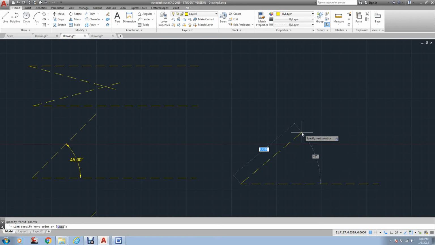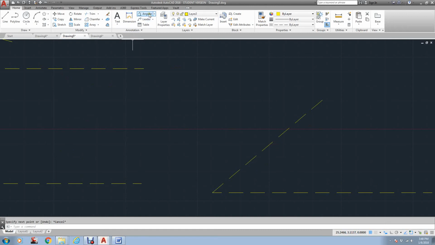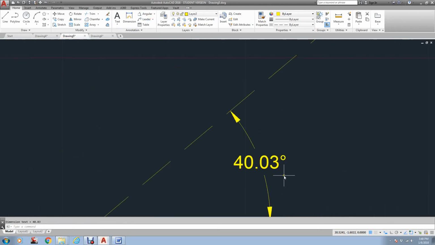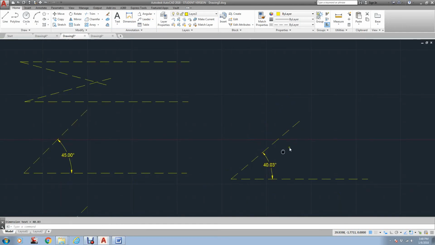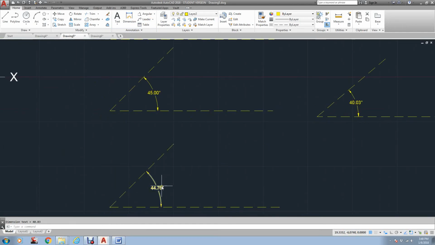Okay, so it's 40 degrees, and I can just type in 5, and you may think, well, I've drawn this at 40 degrees. Well, you didn't do it exactly. By not inputting 45, you have it off a little bit, and I'm going to show you by giving you this angle. As you can see, it's off very slightly. I did the same thing down here, and I got 44.76.